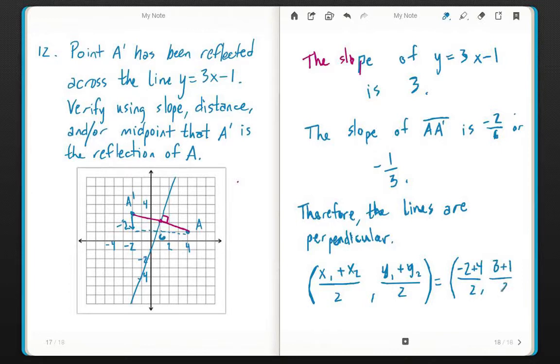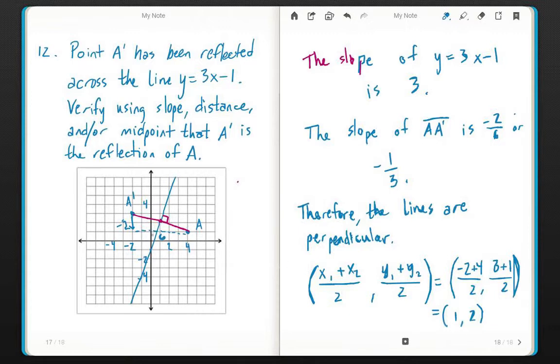If we reduce this, -2 plus 4 is +2, and we divide that by 2, so we get 1. And over here, 3 plus 1 is 4. Divide that by 2, and we get 2. So that means the midpoint of A and the reflection of A is at the coordinates (1, 2).